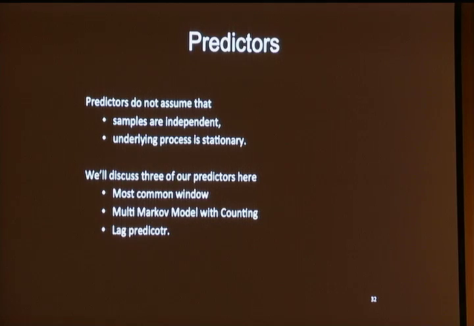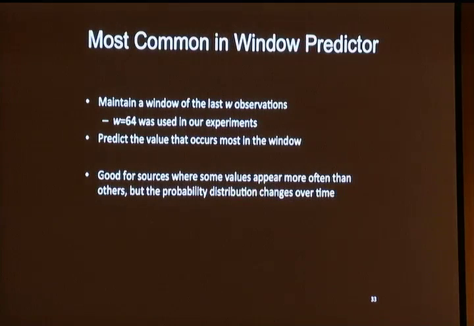Now I'm going to describe three predictors that we have, which are most common value, multi-Markov model with counting, and lag predictor. The most common in window predictor basically stores a window of the last W samples, calculates the most common value based on that, and then predicts this value for the next upcoming sample.